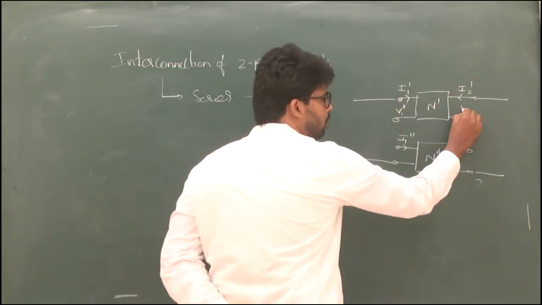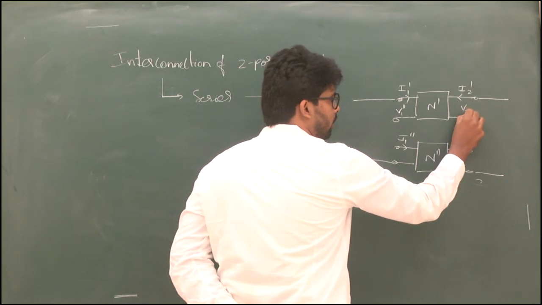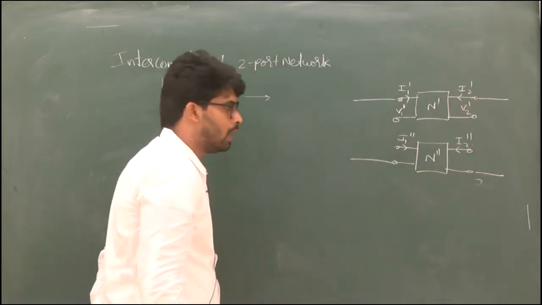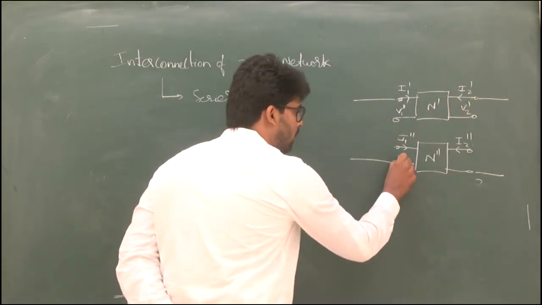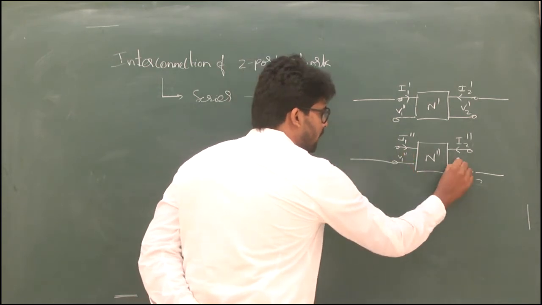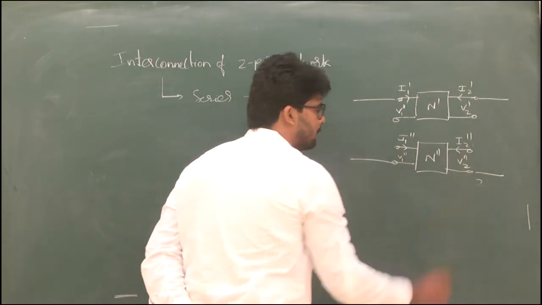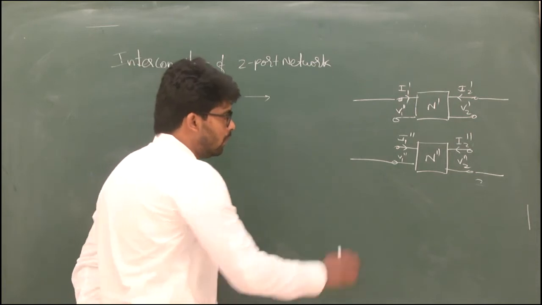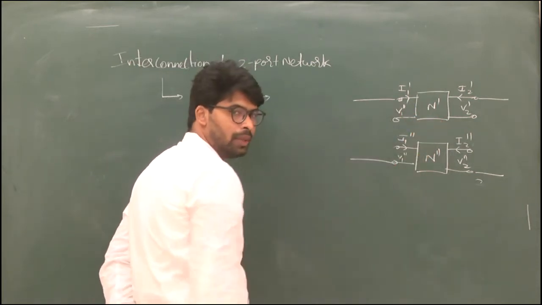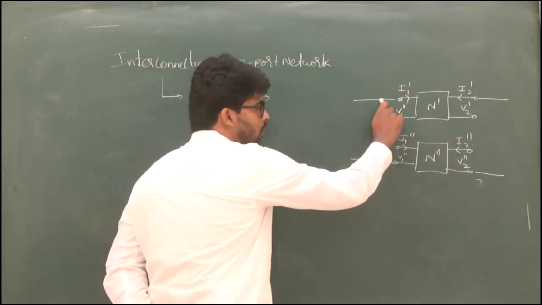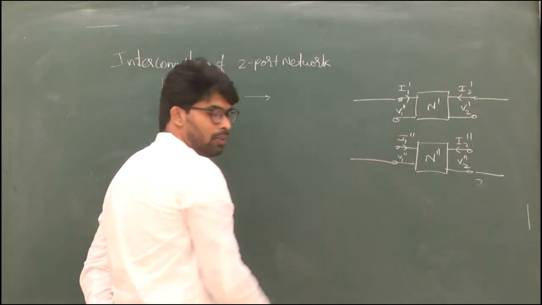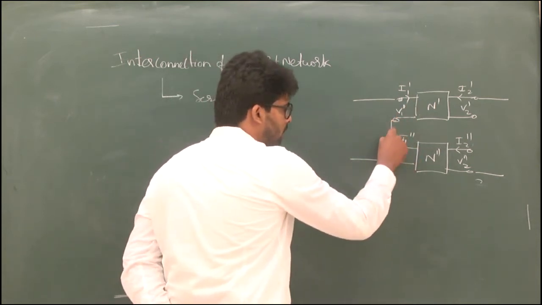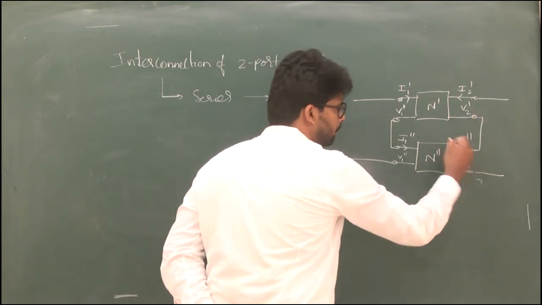And I have the output terminal voltage, let us say V2 dash. And for the other network I am taking V1 double dash and V2 double dash. Now I want these two ports to be in series. That means the current should flow in one form. So I'll connect these two things.